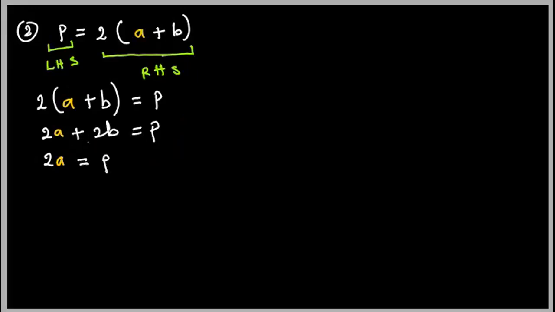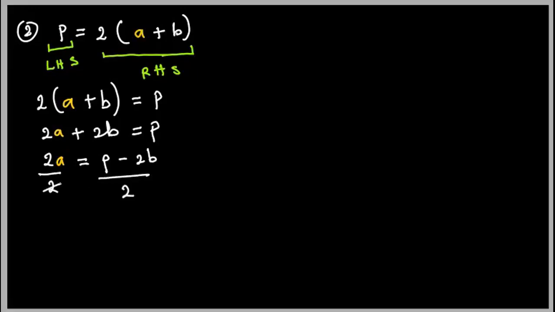If plus 2b goes to the right, it becomes minus 2b. So we have to make a the subject of the formula.